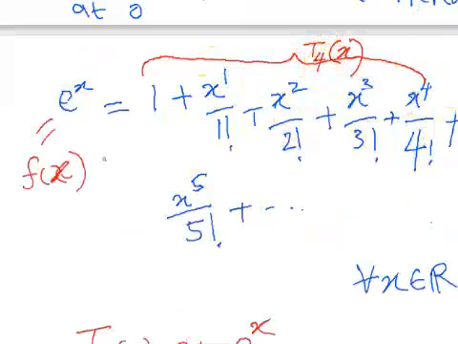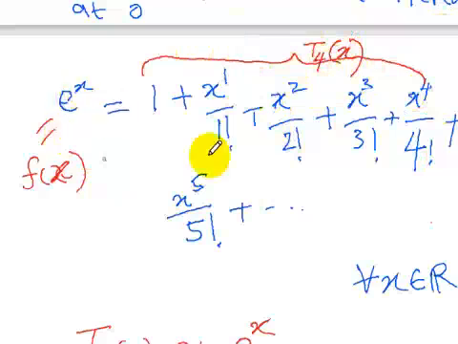You cut off your infinite Taylor expansion from here, then you get the fourth order Taylor polynomial. So you use this approximate function to evaluate the value of e to the x.